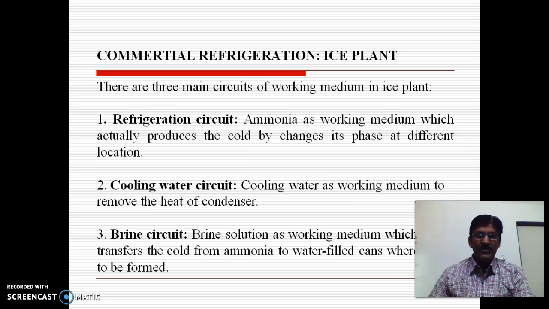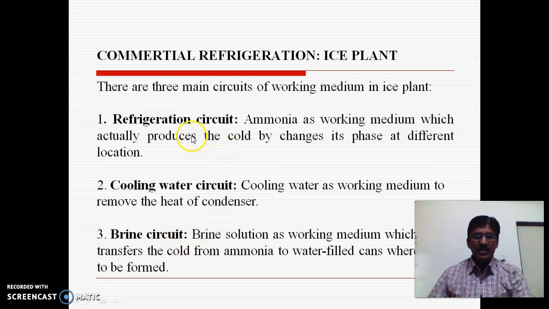If you see, the ice plant is one of the most important applications of commercial refrigeration. There are three main circuits of working medium in an ice plant. The first one is the refrigeration circuit, the second one is the cooling water circuit, and the third one is the brine circuit.